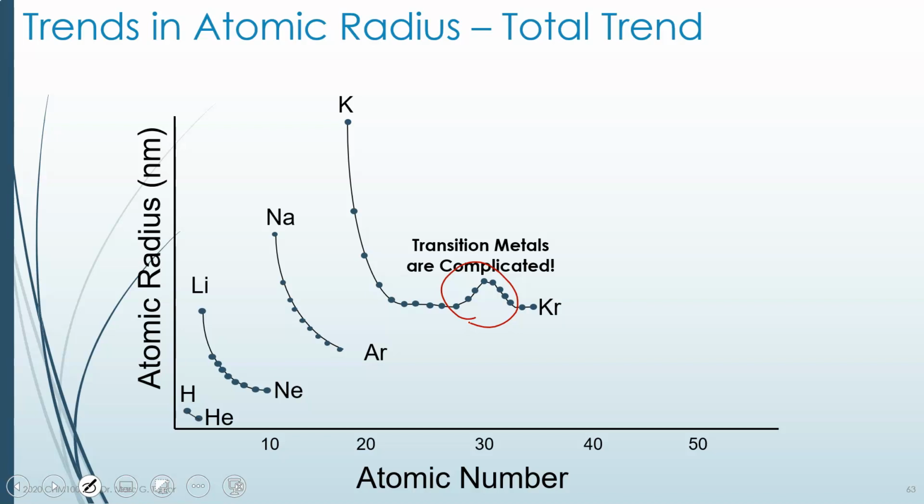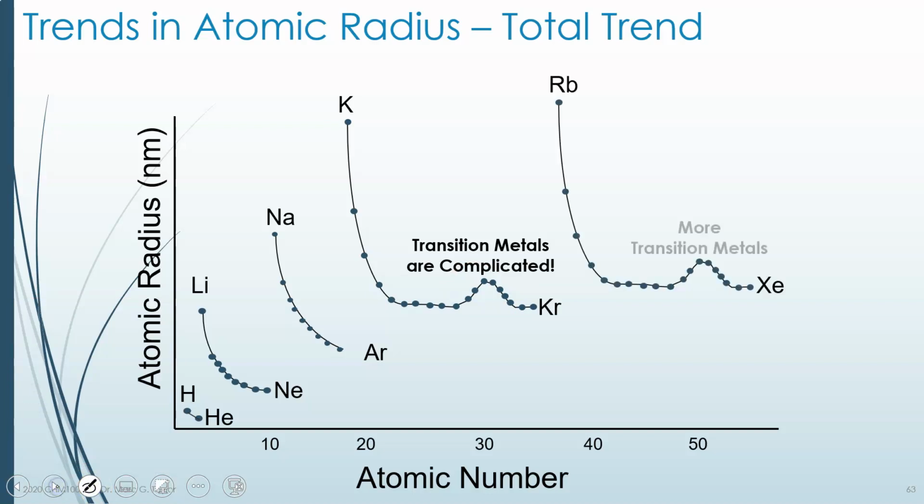There's a whole field that studies this called crystal field theory, and that would require weeks of study to really understand. I will not make you responsible for that. So I will always restrict myself to the group A elements when I'm asking you to compare sizes of something or any of the other trends, because the transition metals are far too complex.